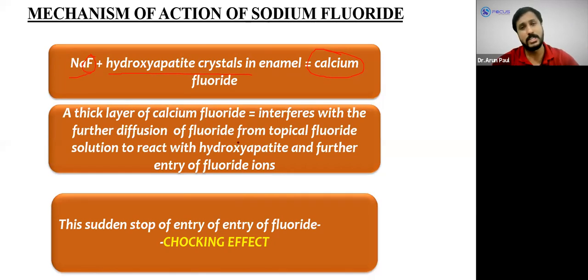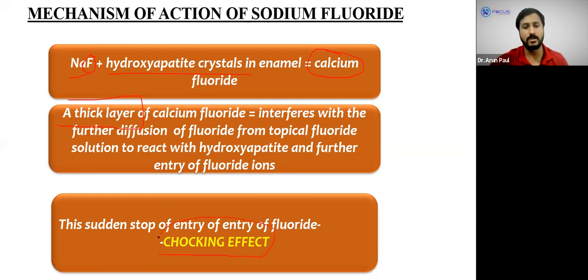It will be formed irrespective of whatever solution you apply, whether it is sodium fluoride, APF, or stannous fluoride. Once calcium fluoride forms, it forms a very thick layer on the tooth surface, and the thickness increases in such a way that it interferes with the further infusion of fluoride onto the tooth surface. This inhibition by calcium fluoride of further entry of fluoride into the tooth surface is known as the chalking effect.